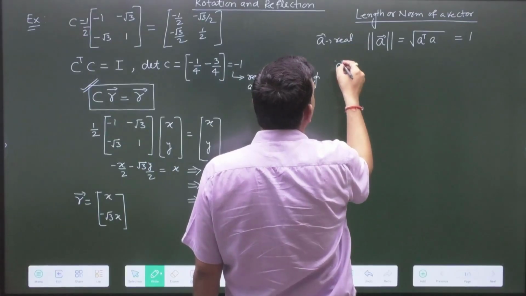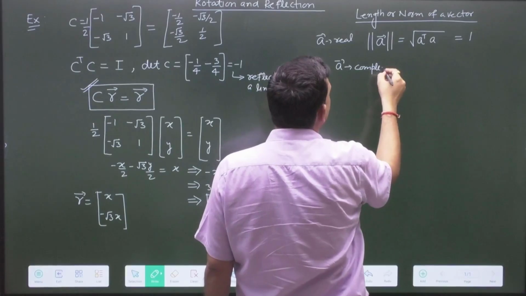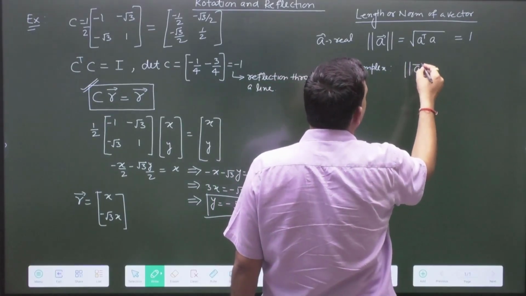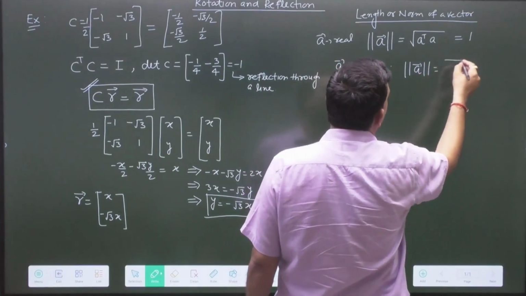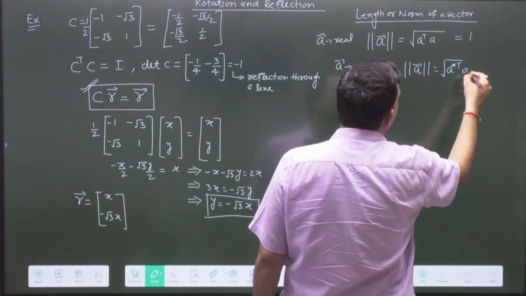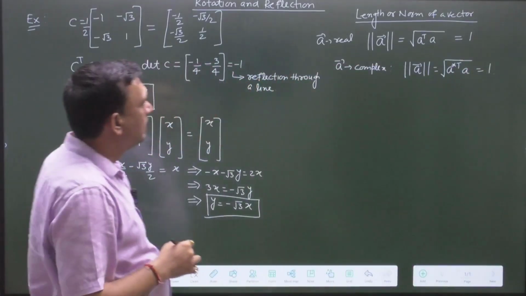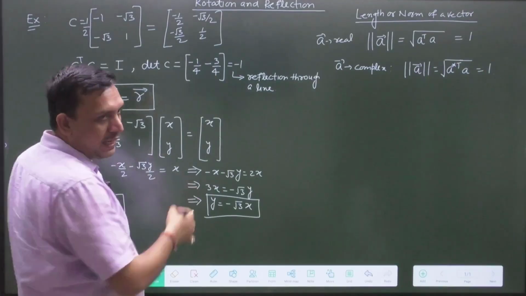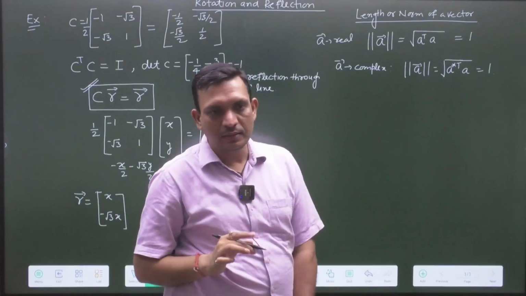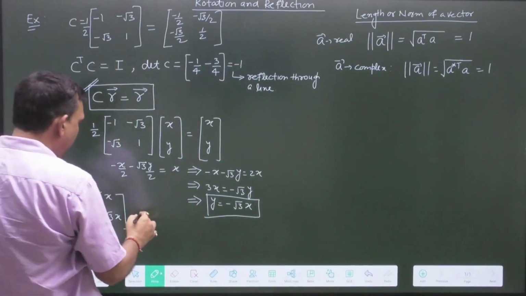If A is complex, in that case, the norm is given by A complex conjugate transpose A. This should be 1. So whenever you have to normalize the vector, we take the length or norm of the vector as 1. So just normalize this.